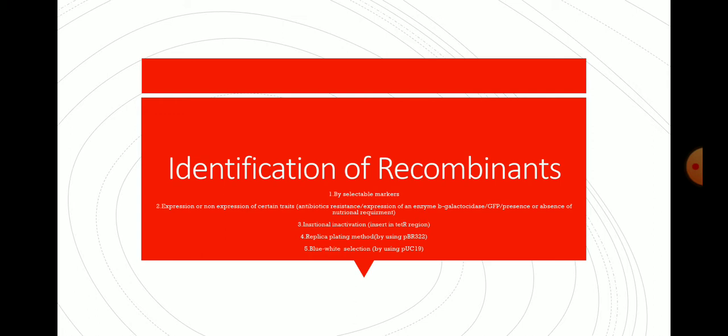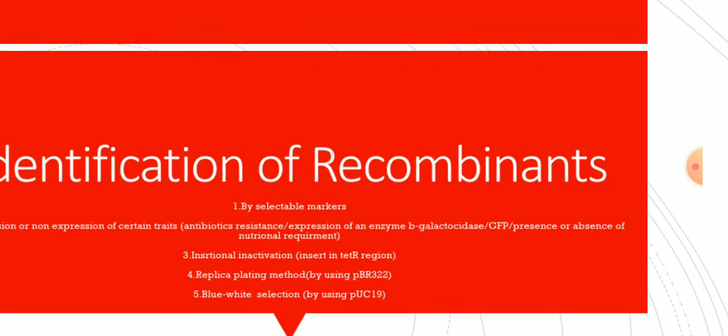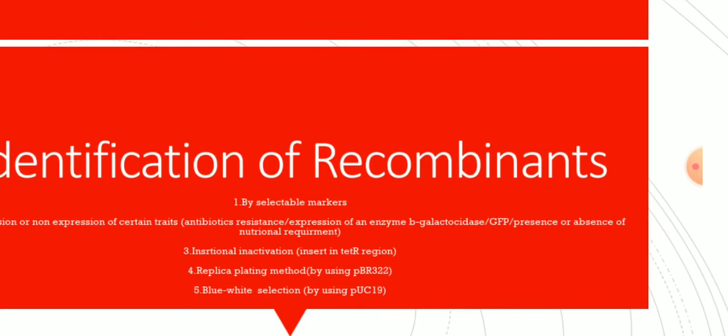Use of a selectable marker gene is an integral part of the cloning vector, because whenever the selectable marker gene is present in the host cell, it will express the trait or the feature for which it was made. Second, it is also based on the expression or non-expression of certain traits, such as antibiotic resistance.